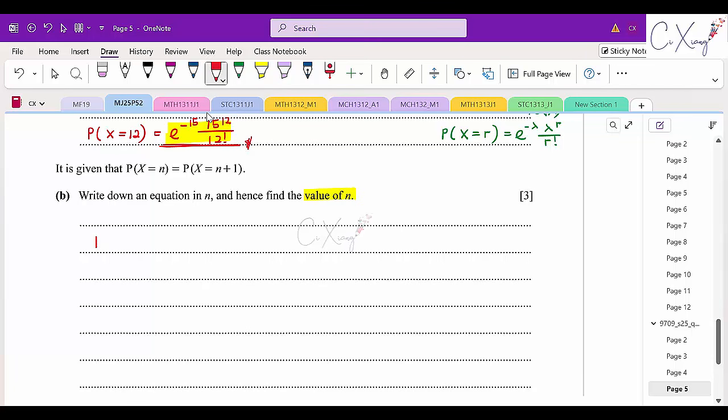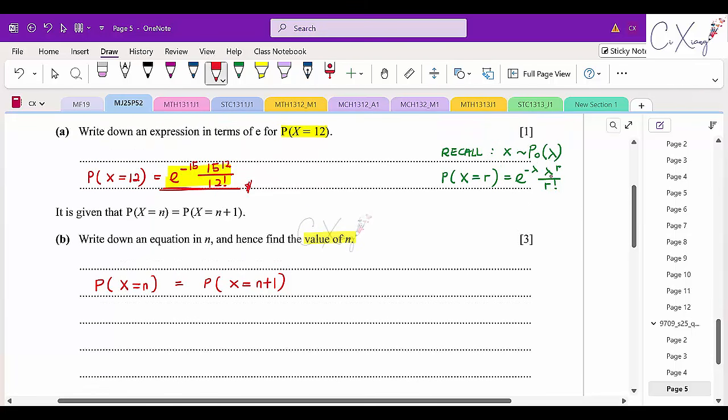So let's just start with the formula given here. The probability of x equals n equals the probability of x equals n plus 1. Again, by referring to the formula that we get here, what do we have? x equals n means e to the power negative 15, lambda power r, so I'm having lambda power n here, divided by the r factorial, which is n factorial for this case.